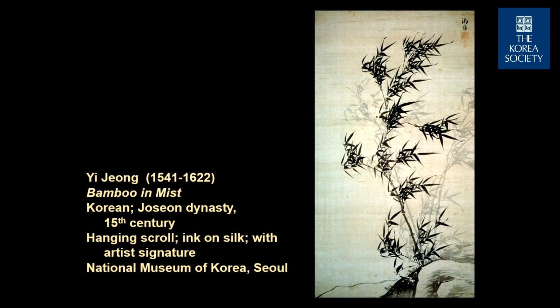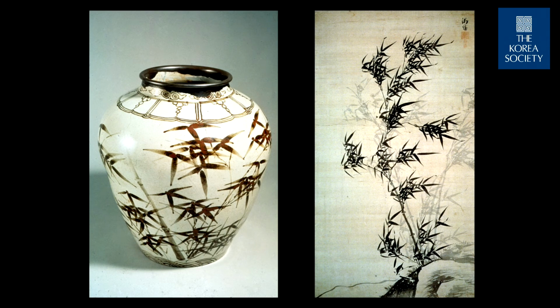Now, there is a closer relationship between Korean ink painting and Korean ceramic decoration in the Chosun period, particularly the 15th, 16th, and 17th centuries, than there is in China. You put these two together and you realize the closeness of how beautifully this is done compared to a roughly contemporaneous ink painting.